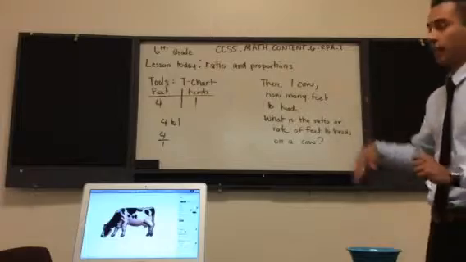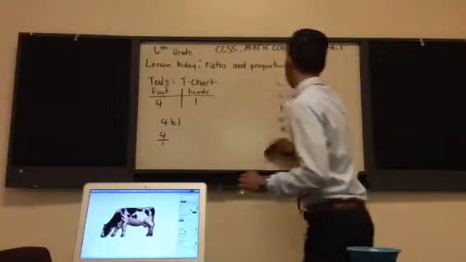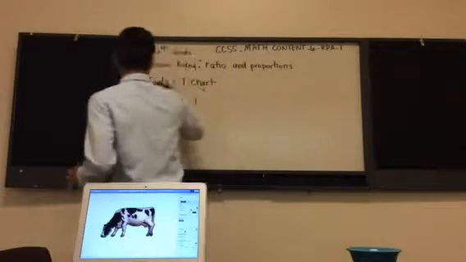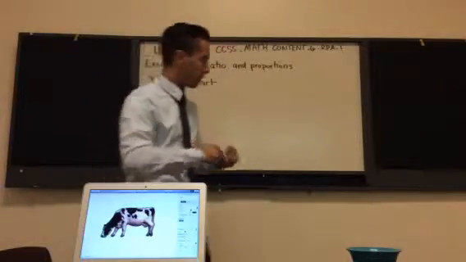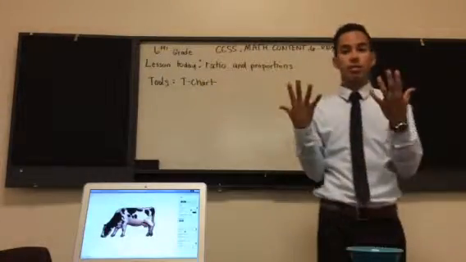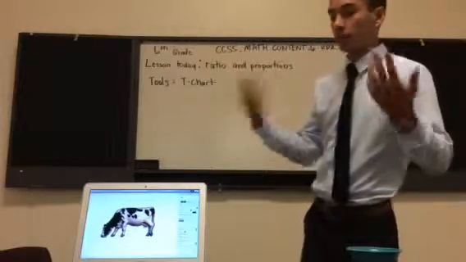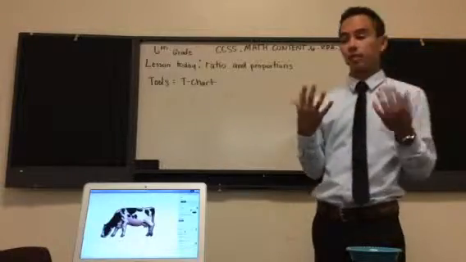Let's do something different now. Let's look at our hands, something physical, continuing to use the T-chart. Say everyone here was born with hands. Hands to fingers. So let's write it down.